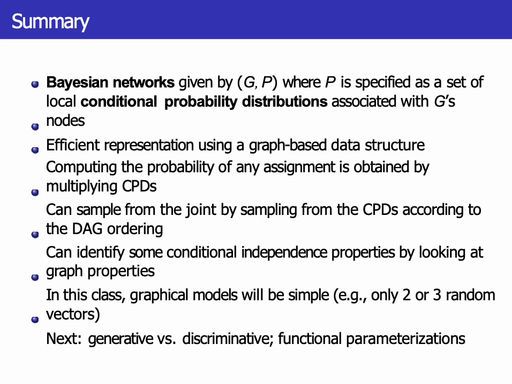Bayesian networks are given by (G, P), where P is specified as a set of local conditional distributions associated with G's nodes. A Bayesian network is an efficient representation using a graph-based data structure.